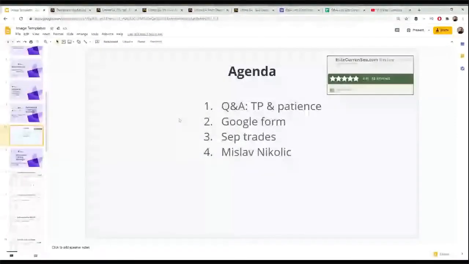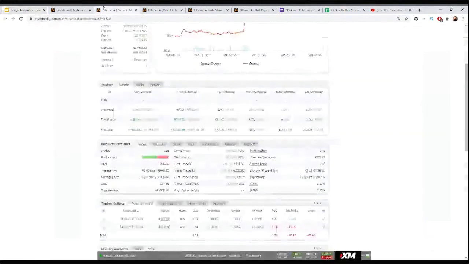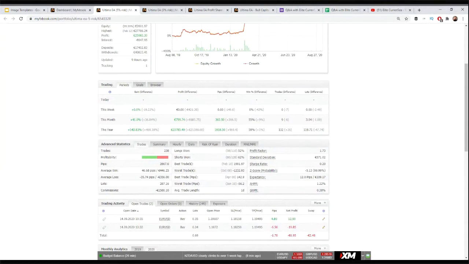Now, first of all, a very quick note about the TP part. There was a question last week from an Ultima EA renter, and I promised to get back to that trader. So if you don't see a TP when renting it, but you do see a stop loss, that's perfectly fine. That is the new configuration.